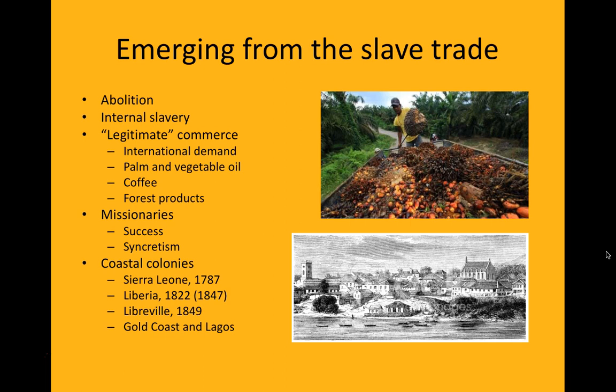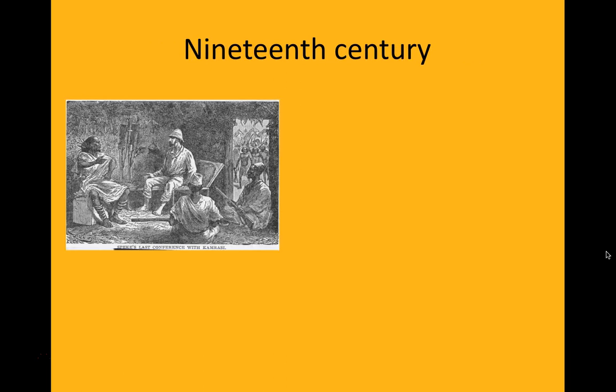And so the creation of the Gold Coast colony in what is now Ghana, as well as the European involvement in the trading city of Lagos, really got going in the first half of the 19th century. And so we really have two projects here: these freed slave colonies and economic-based colonies, mostly still on the coast, but with some increasing desire to get into the interior of Africa and reap the benefits economically that would come from that.